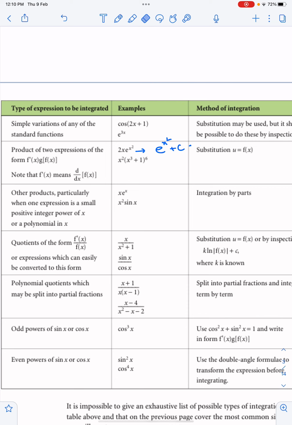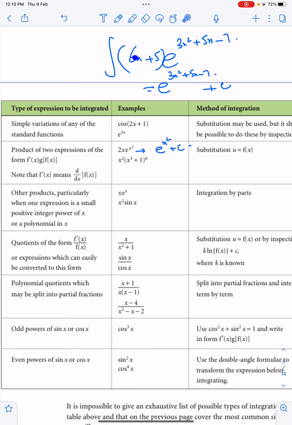Whenever you see the power of e, for instance 3x square plus 5x minus 7, and here you've got 6x plus 5, you're noticing that the differentiation of the power is already being multiplied, so you can give e to the power 3x square plus 5x minus 7 as the final answer for integration.